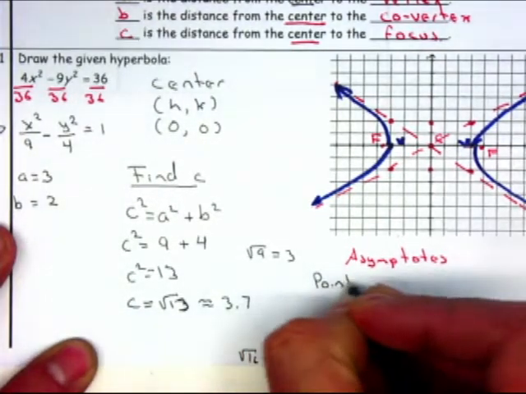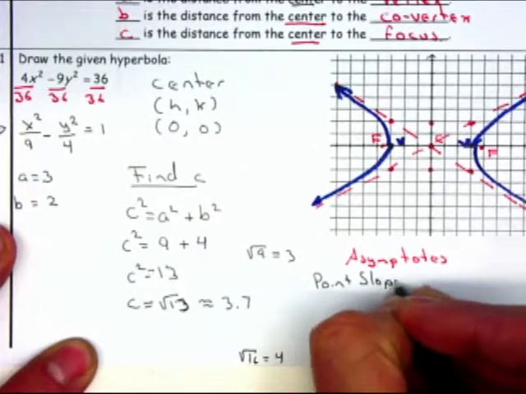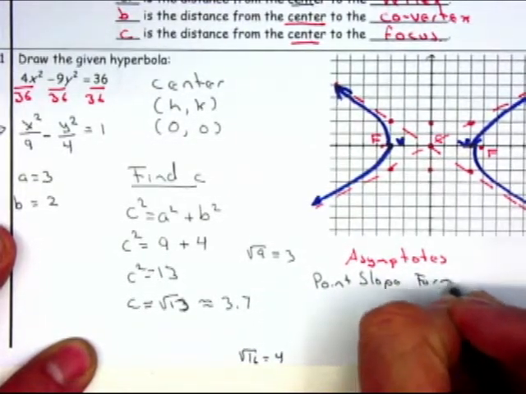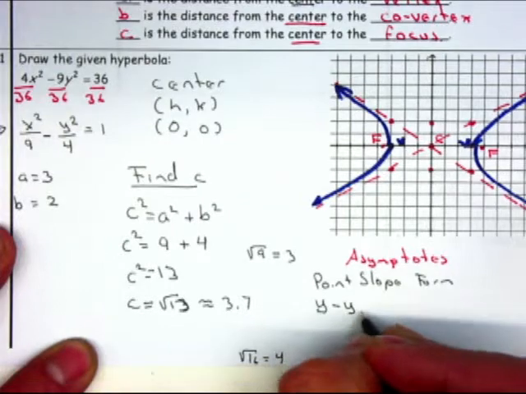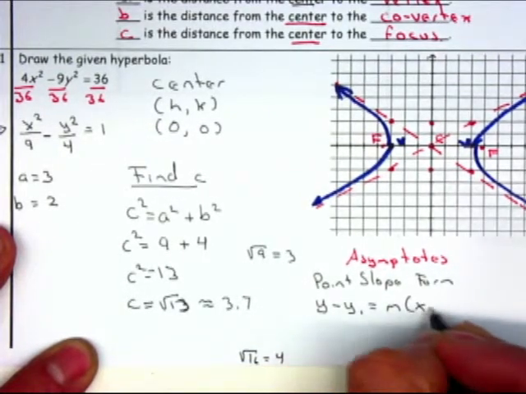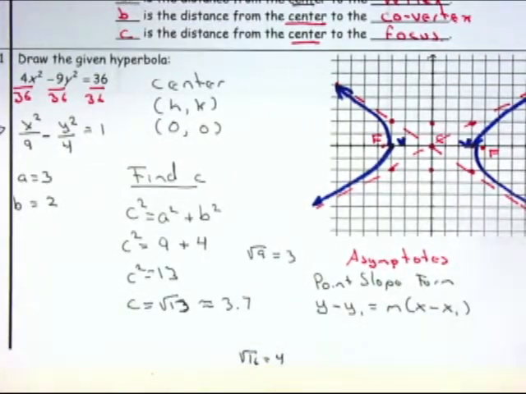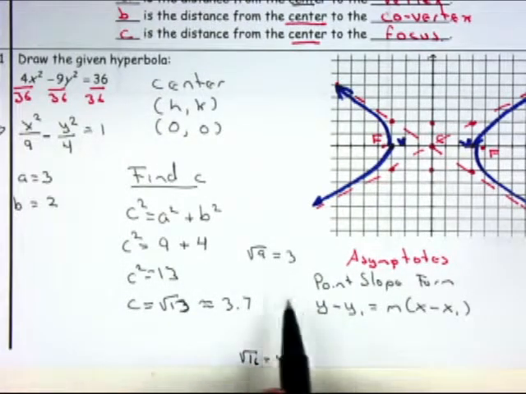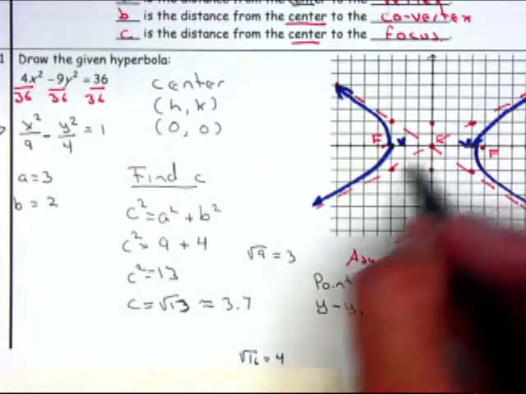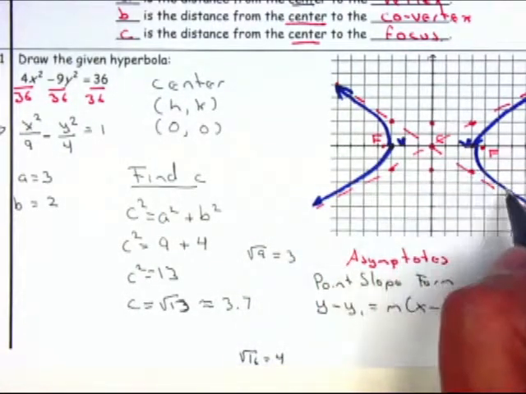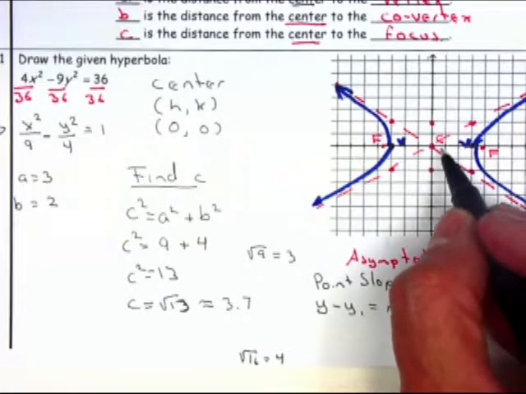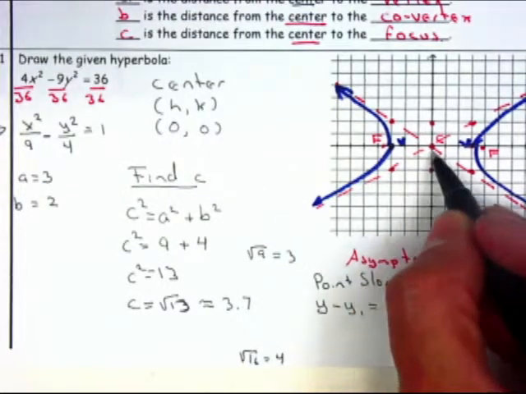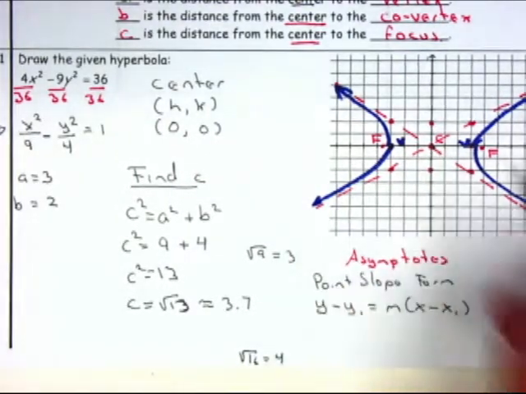I'm sure all of you remember this formula. In order to utilize this formula, we need to find a point on the line. Because I want to do both lines at the same time, I'm going to use where they intersect, which happens to be, of course, the center. So I'm going to use that point for both equations.